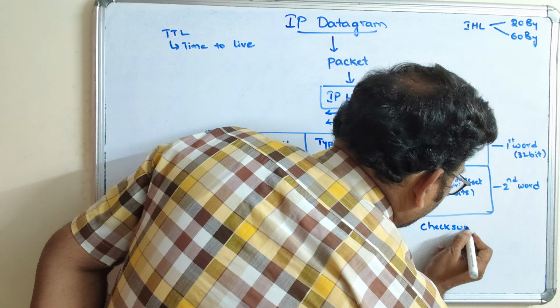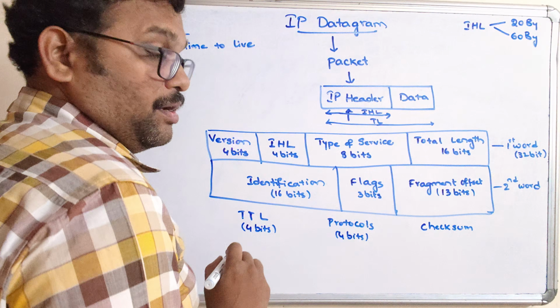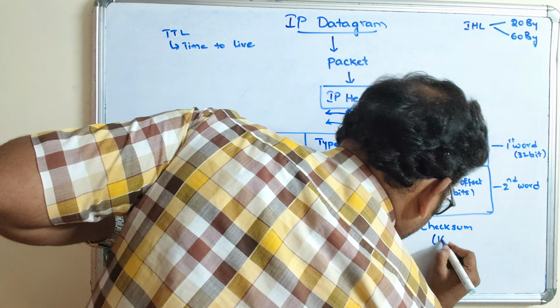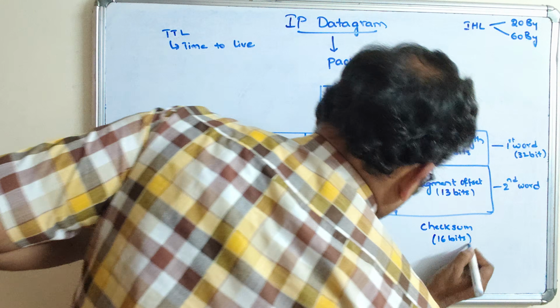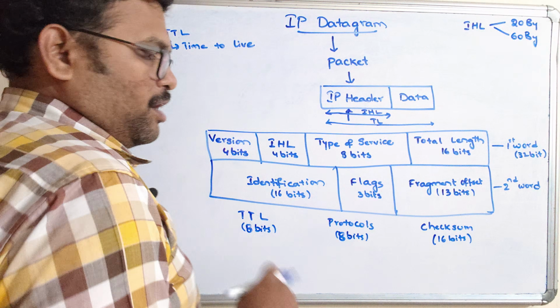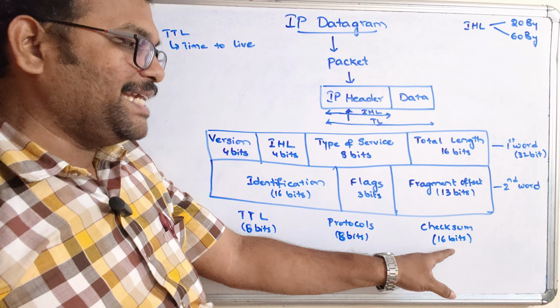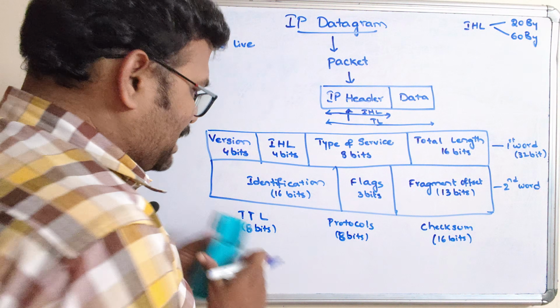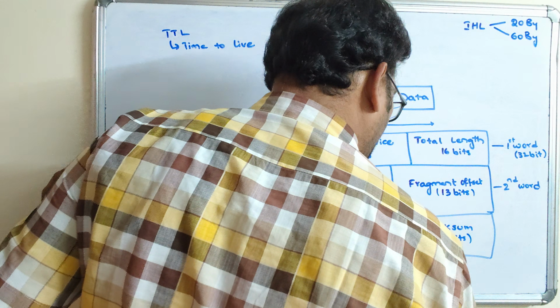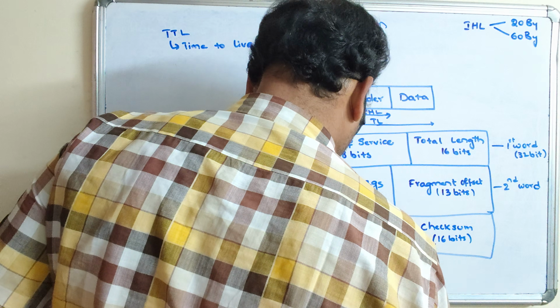And the next one is a checksum. Actually this is 16 bits, and this is 8 and this is 8, I think. So this checksum will be used for error detection.